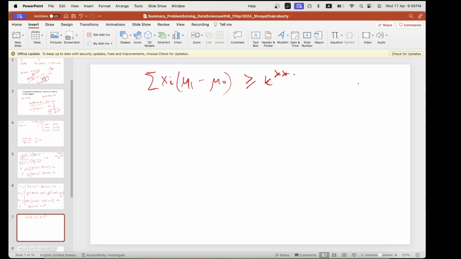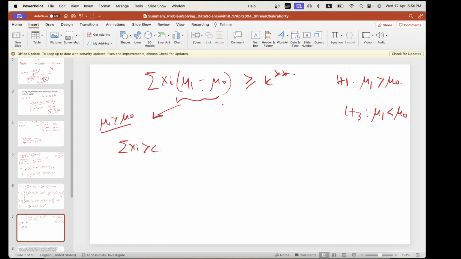Is it okay? Now, if your hypothesis is mu1 greater than mu naught, then this remains positive, and this reduces to summation xi greater than c. Alright. If you have H3, mu1 less than mu naught, then this quantity will be negative.